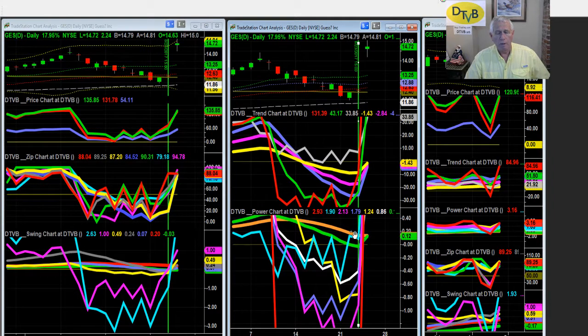But I do want to point out that I've seen many of these situations with power Zion between power orange and power green. And when we have a 2-day event in which power Zion is between orange and green, then a gap can occur. I've seen many of them with this power Zion in between orange and green.